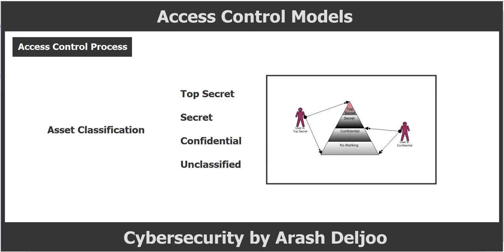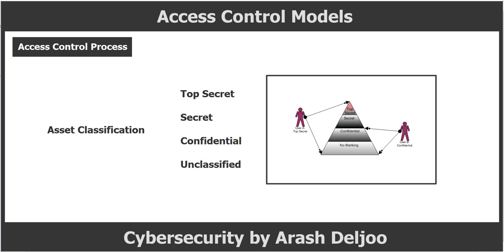Alright, now let me explain a little more about the asset classification. To protect an asset, an organization first needs to understand how important that asset is. For example, the unauthorized disclosure of the source code of a product might be more impactful on an organization than the disclosure of a public configuration guide.